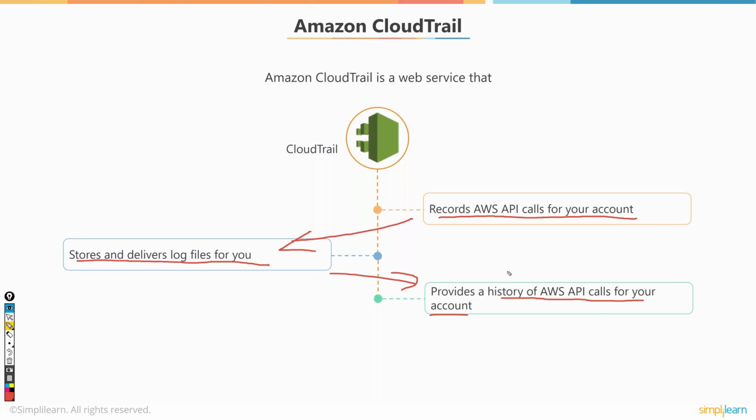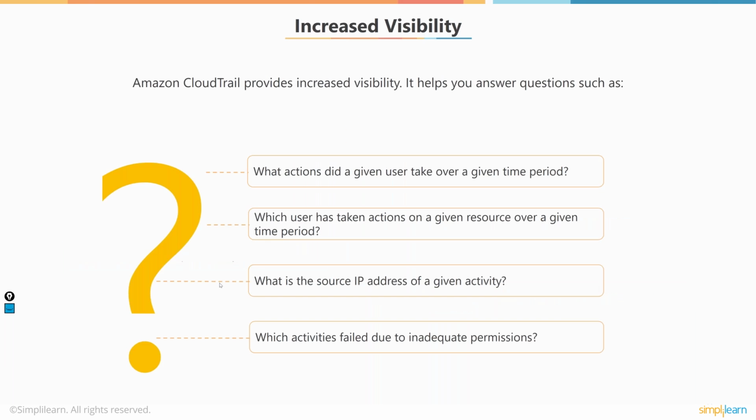Every single thing, as long as it's enabled, and it doesn't have a limit. It doesn't store only for 2 weeks, it stores it forever as basically text files. You can then take all your text files, parse them in the way you want, and maybe ingest them in an application to visualize it if you want. But you have access to it. So, increased visibility.